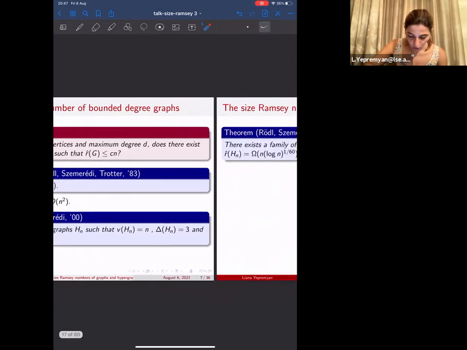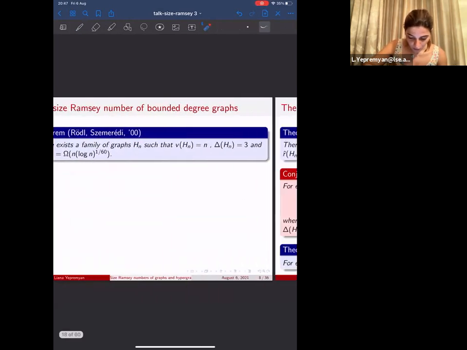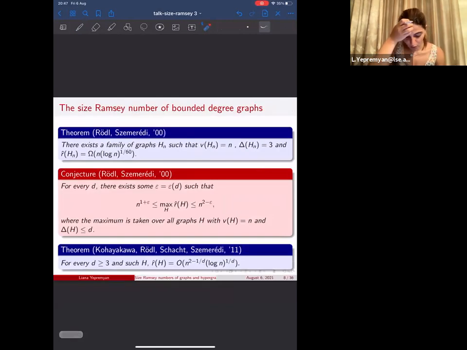Okay, right. So a conjecture actually by Rödl and Szemerédi, which I think is in the same paper where they proved this result, says that for any D, if you look at all the graphs H which have n vertices and their maximum degree is bounded by D, then among all such graphs, the size Ramsey numbers are bounded between some n to the 2 minus epsilon and n to the 1 plus epsilon.